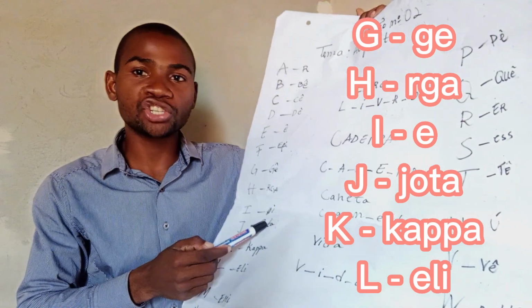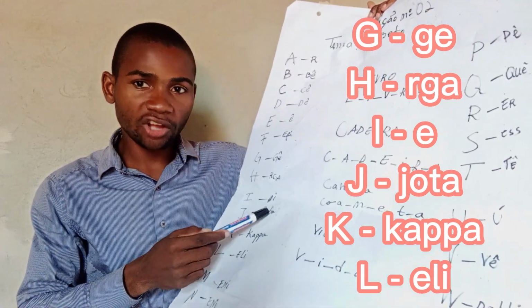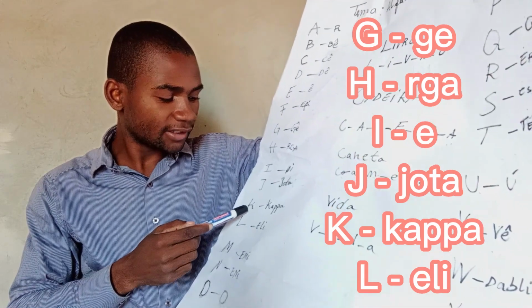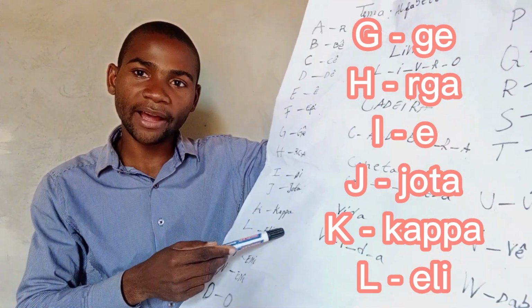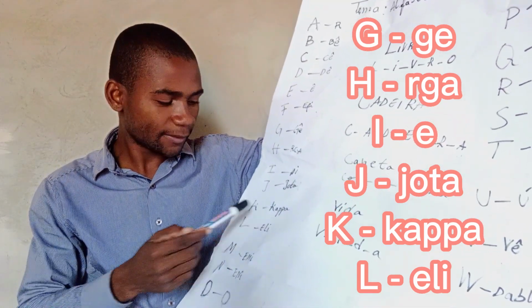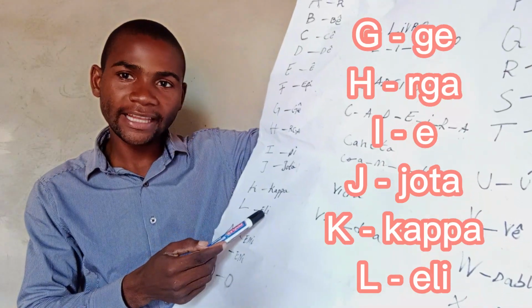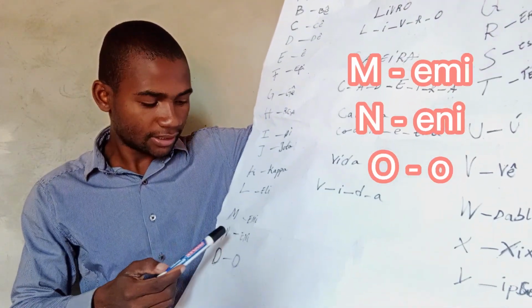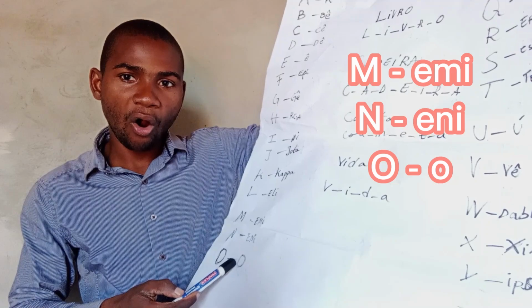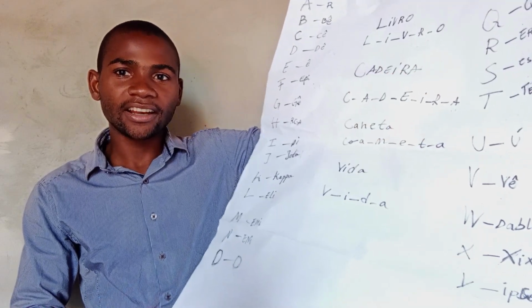This one is J, and this one is not K, it is "kapa." K, L, M, N, O. You see?